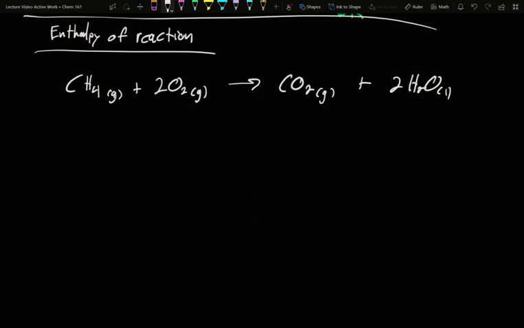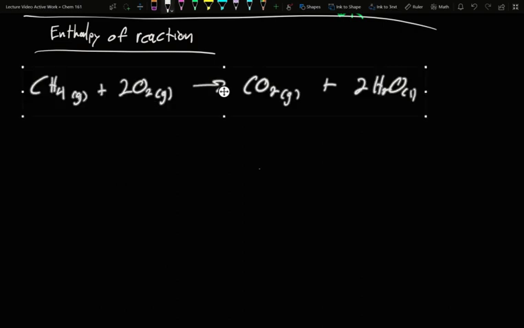When you burn methane on a stove, it gives off heat and heats up whatever you have on your stove. We use this to generate heat. Question is, how much? A set amount of methane will generate a set amount of heat energy.